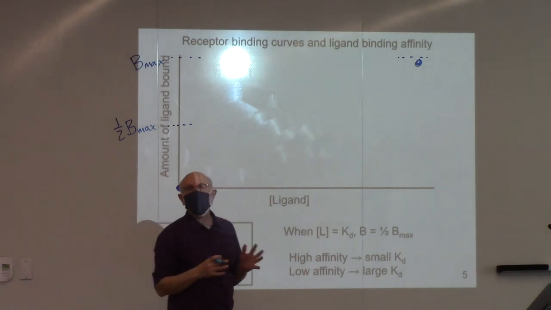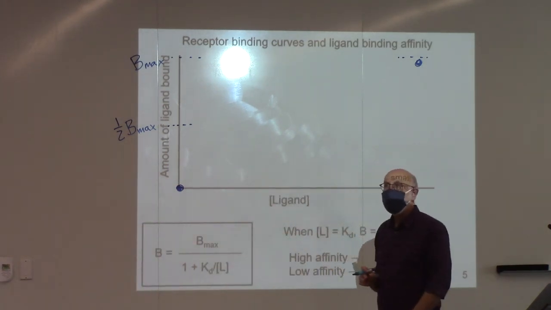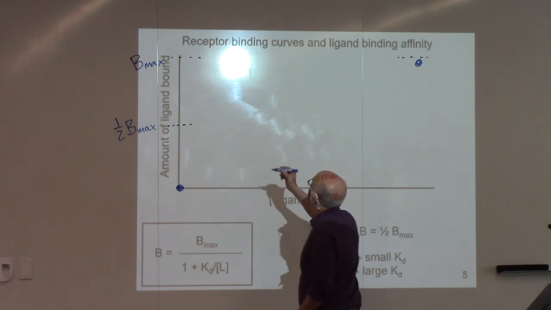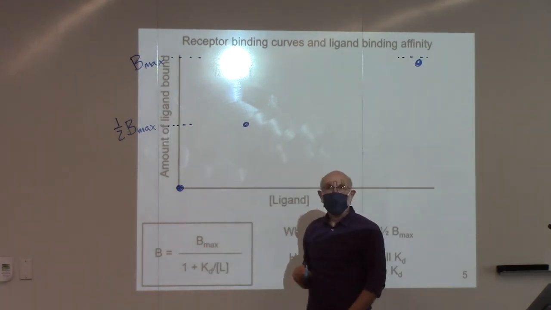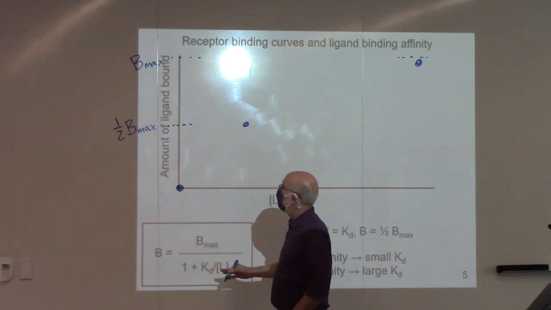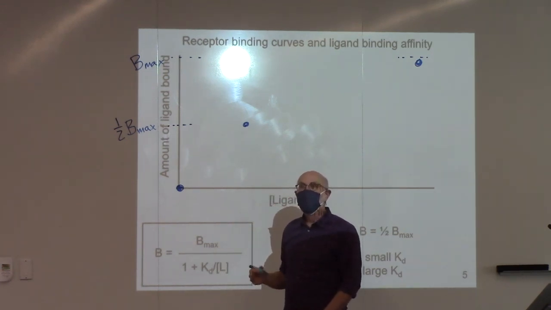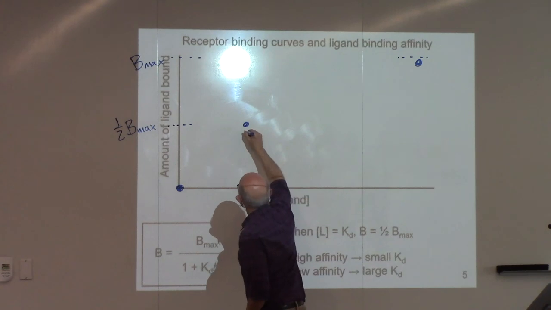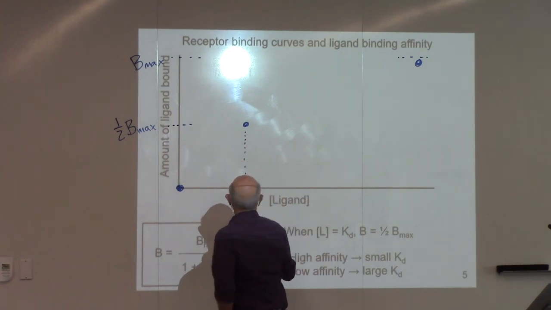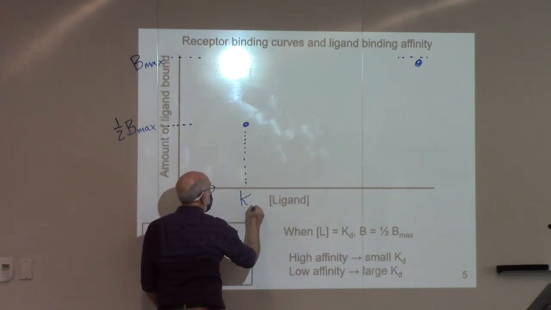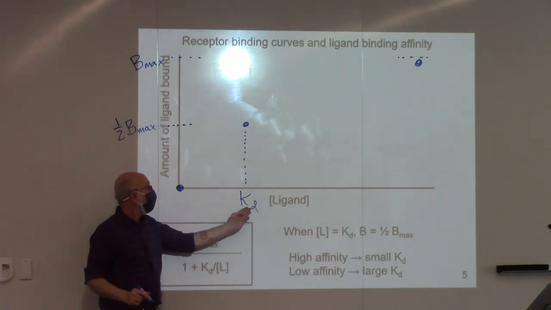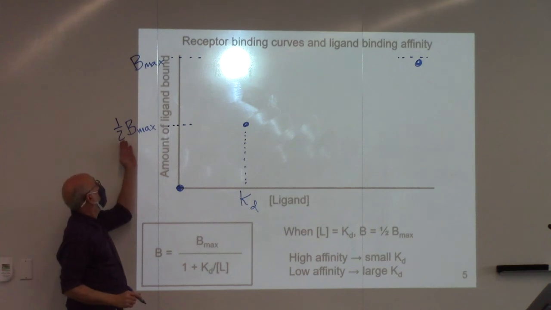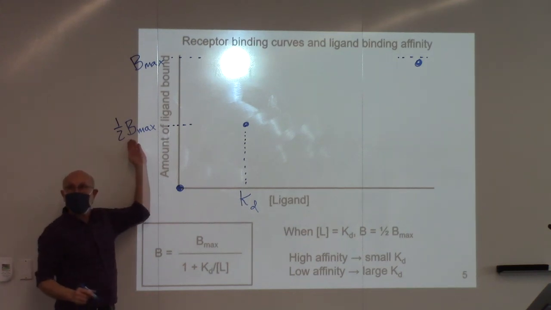So somewhere on this axis is a point where the amount bound is 1/2 Vmax. Where is that point? This is the Kd. Because when the ligand concentration is equal to the Kd, the amount bound is 1/2 Vmax.